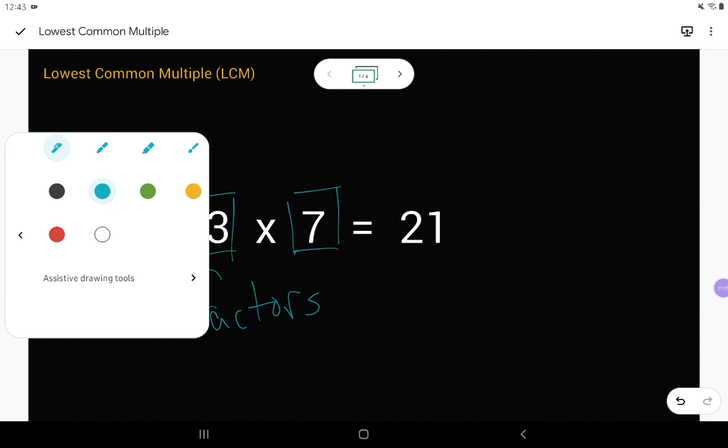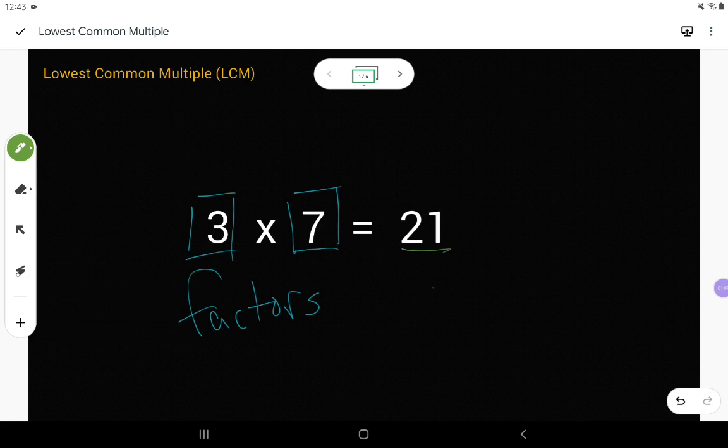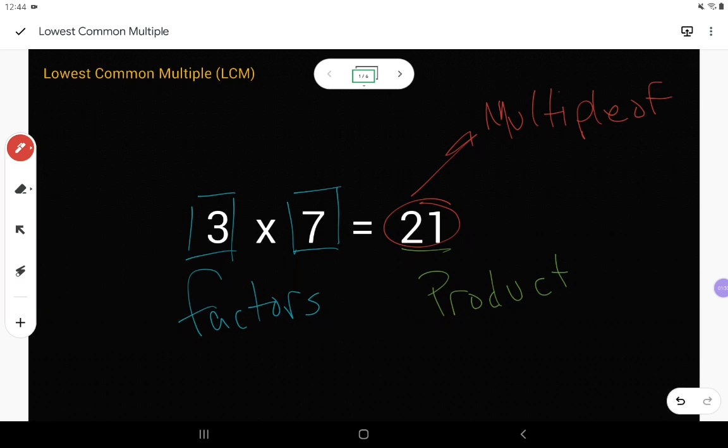When we look at the 21, we call the 21 our product. And the product is really just the answer to a multiplication statement. Now, when we multiply those two factors together, this answer of 21 is a multiple of 3, and it's also a multiple of 7.